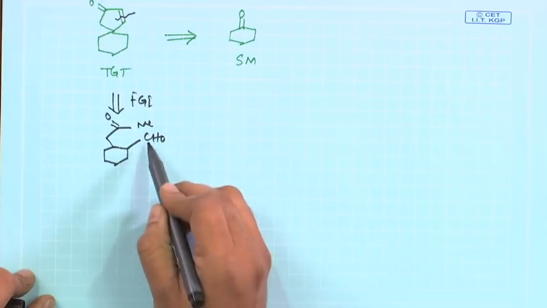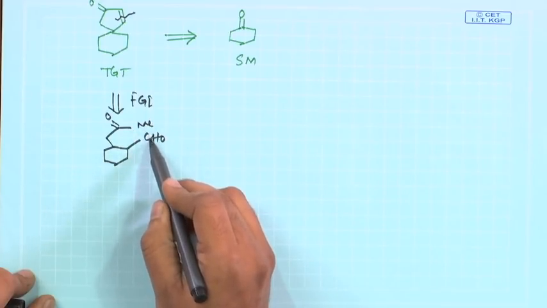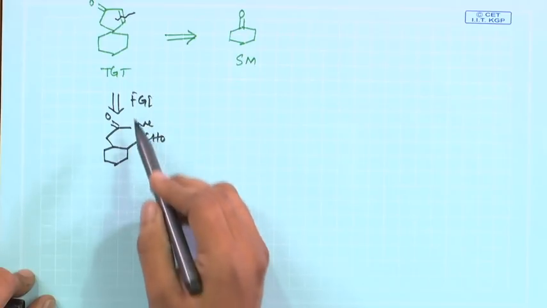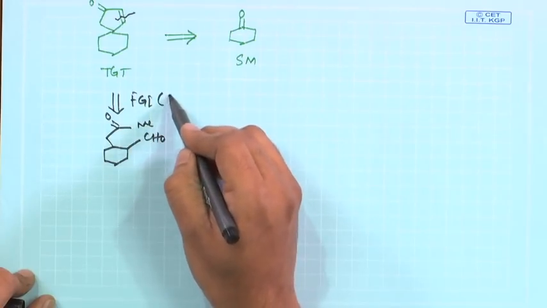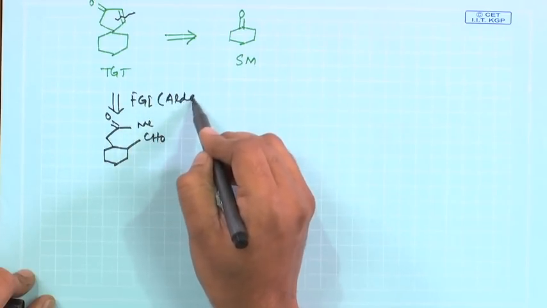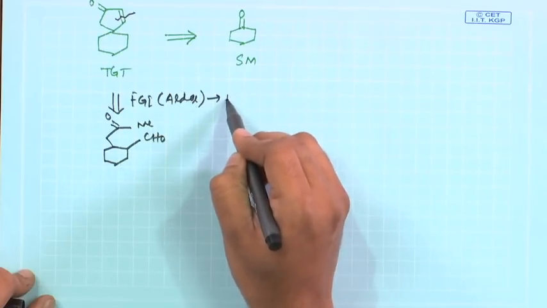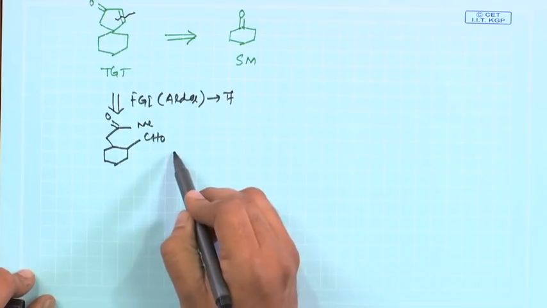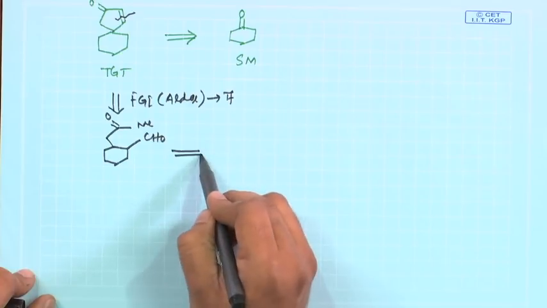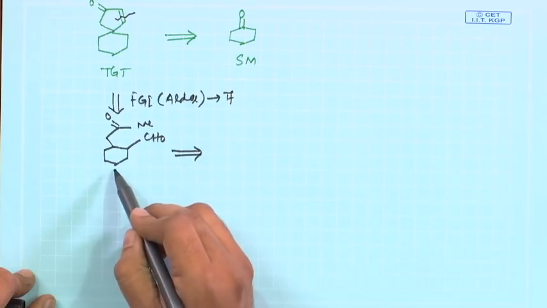So, if you have an aldehyde, you can do an intramolecular aldol here, aldol dehydration. So, basically the transformation is aldol. So, this is the transformation we are talking about, fine. And then you basically need to make this compound.